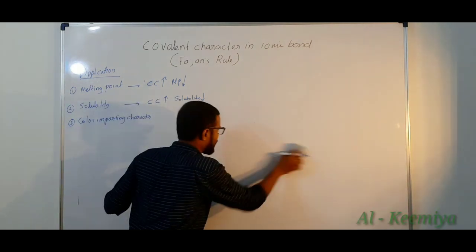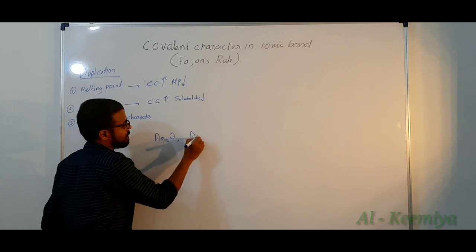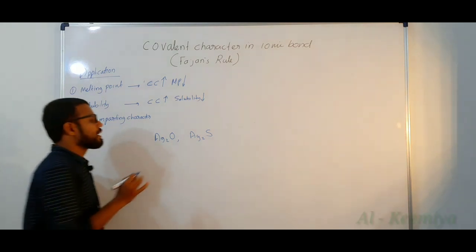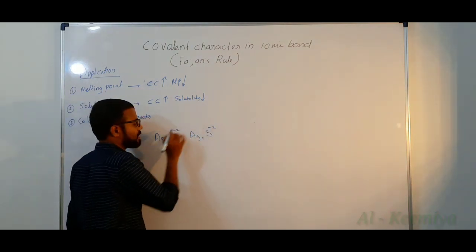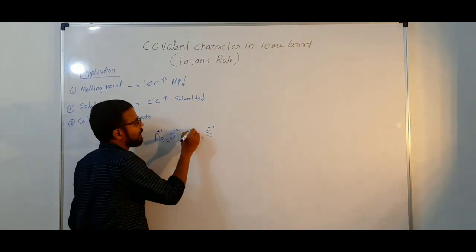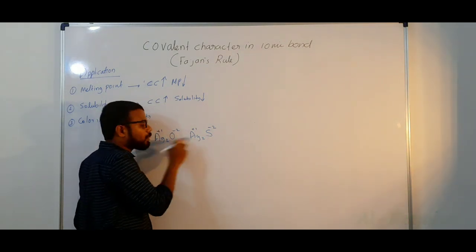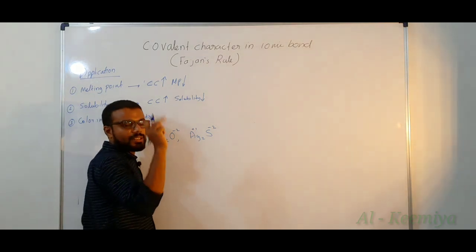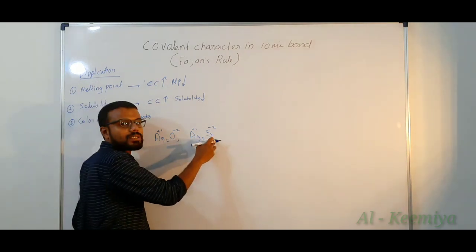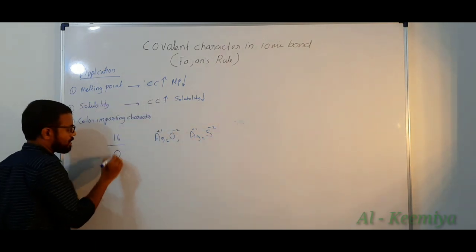One more example I am giving. See, Ag2O and Ag2S, which is more soluble in water? Both cation and anion charges are the same. Silver is the cation. Then we can predict by checking the size. What is the anion here? Oxygen. Here the anion is sulfur. In the 16th group, we have oxygen and sulfur.